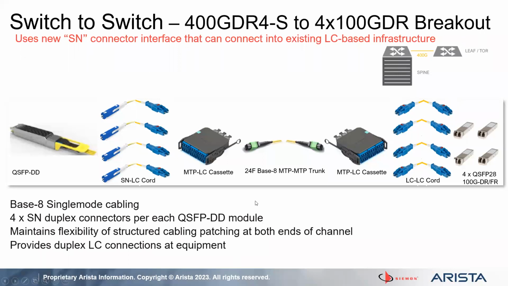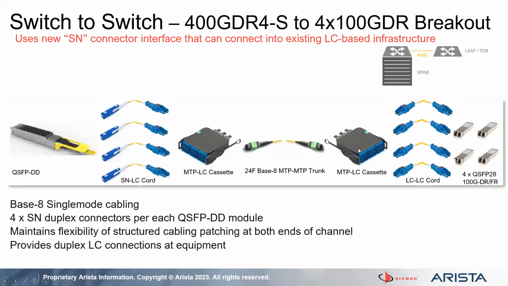And this is really showing leveraging that capability in the breakout, but still connecting it through the common LC infrastructure. So in this case, I've got a hybrid, what I'd call a patch cord, an SN to LC cord, plugging into my LC cassette, and then the same channel that I showed you before.